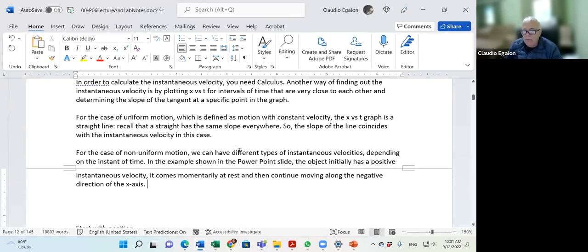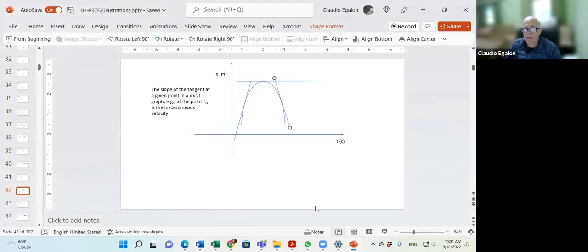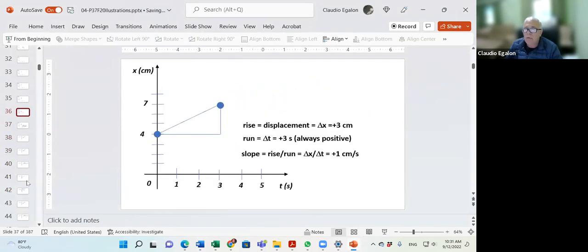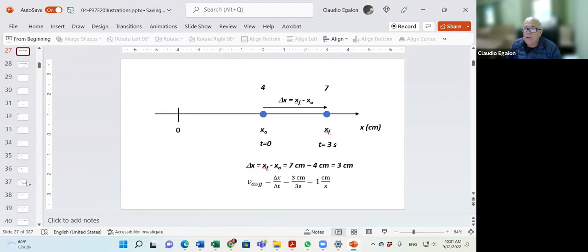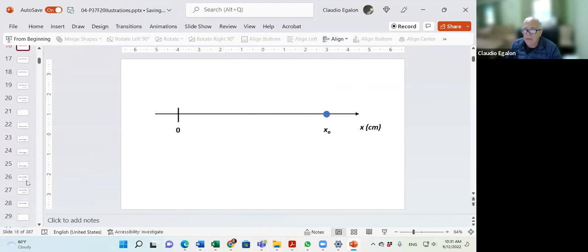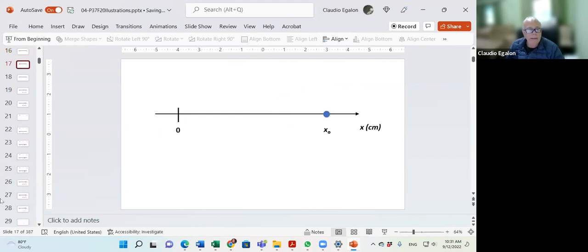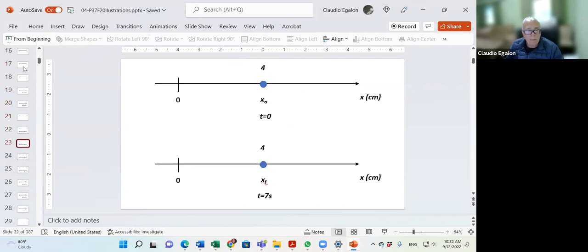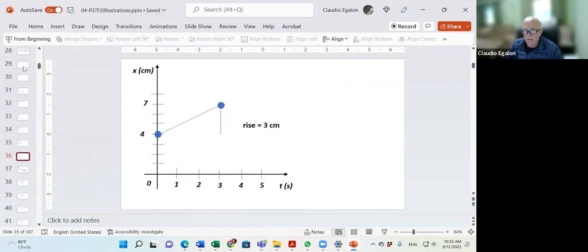So I'm going to illustrate for you in PowerPoint again what's happening to this object, so you can visualize it better. This graph here, what this graph is telling us, I'm going to show you a movie of how the object is moving in this case. Just like we had before, I'm going to need an x-axis, and the object. I'm going to copy that here and paste.